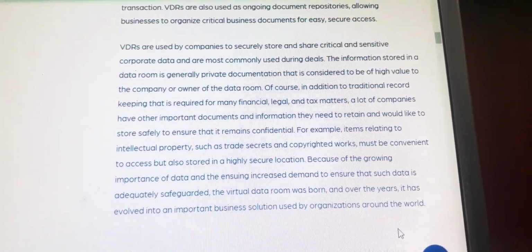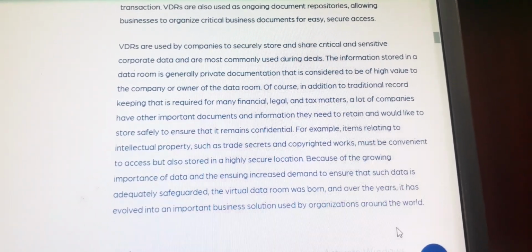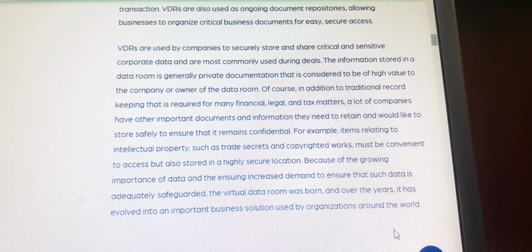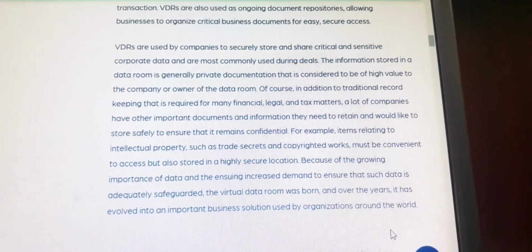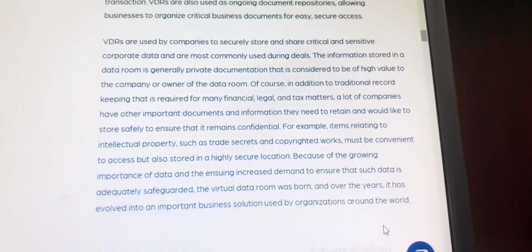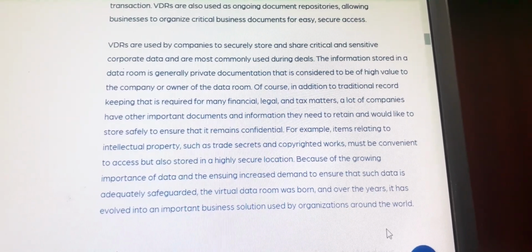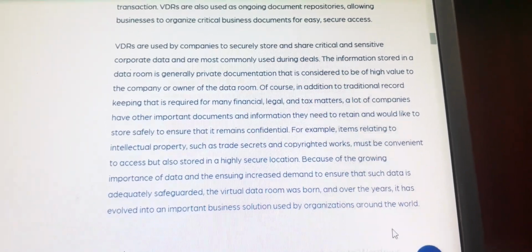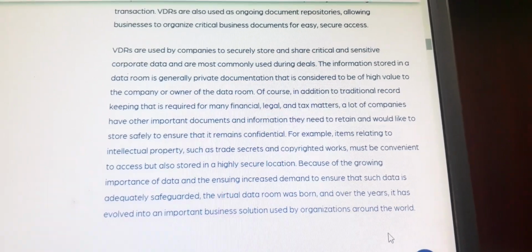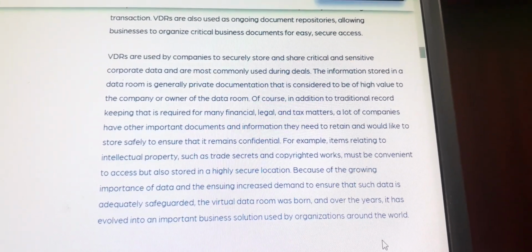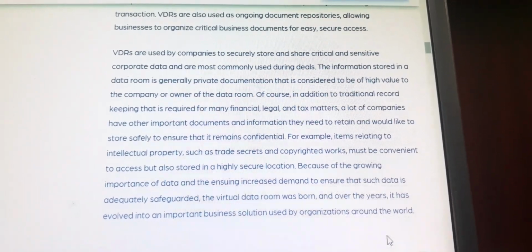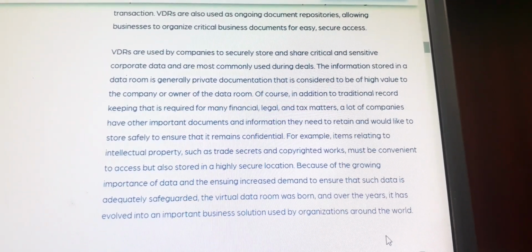Of course, in addition to the traditional record keeping for many financial, legal, and tax matters, a lot of companies have other important documents and information they need to retain and would like to store safely to ensure that it remains confidential.